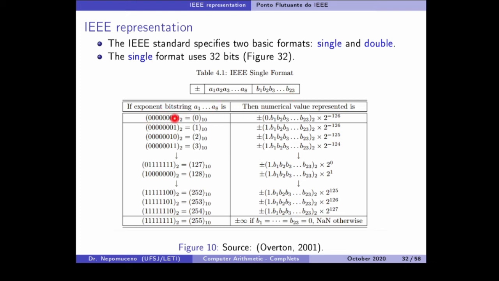So the zeros are represented like that in base 10, and you are going to use 0 as the hidden bit here, and minus 126 here. So this is different, of course, in this situation here, right?